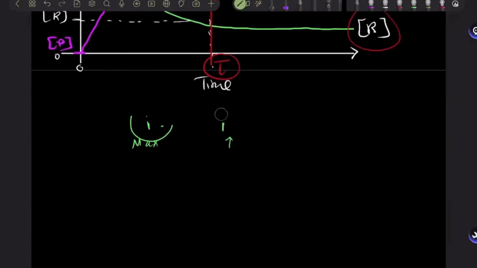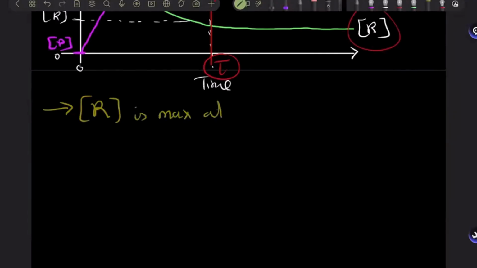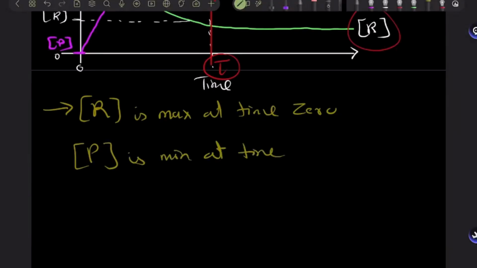Whenever you're trying to identify the graphs, you need to know that reactant concentration, square brackets mean concentration, okay? Reactant concentration is maximum at time zero. Product concentration is minimum or zero at time zero, right?